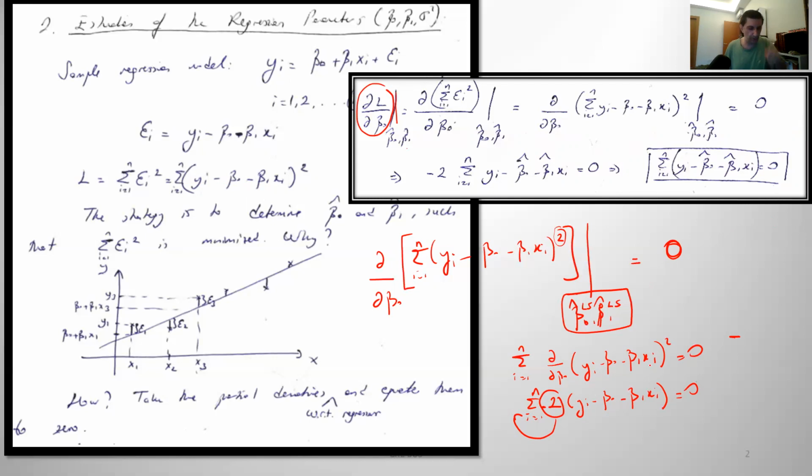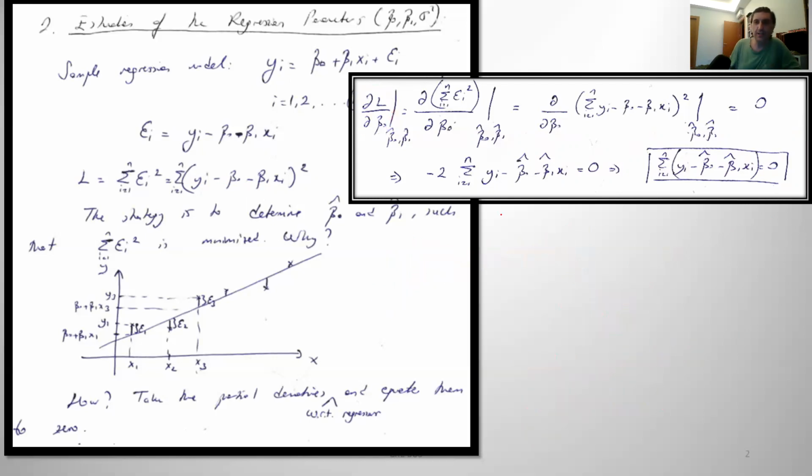Therefore, what we obtain is simply the sum of yi. Now I can apply summation to each of these terms and take these terms to the right-hand side. It's going to be beta 0 hat plus beta 1 hat xi.